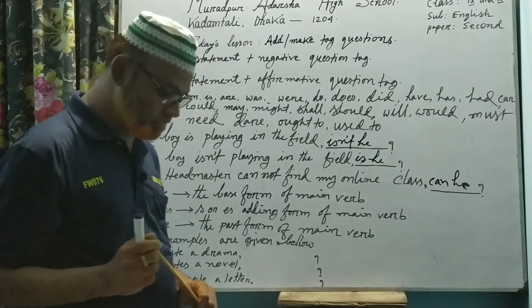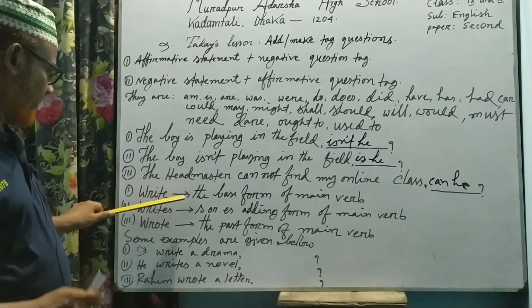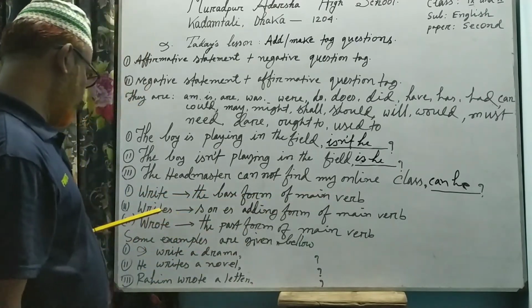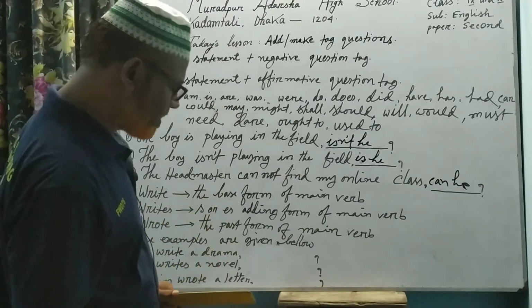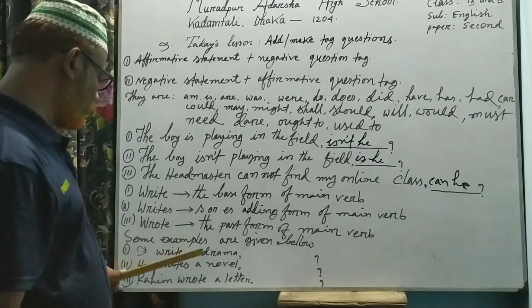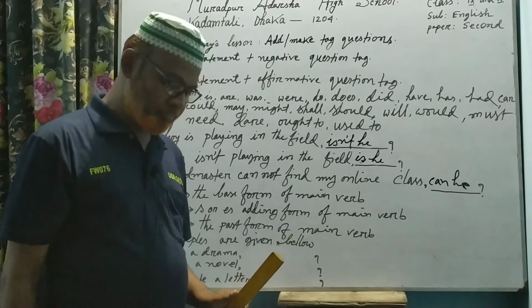For example, write, the base form of main verb. Writes, s or es adding form of main verb. And wrote, the past form of main verb.